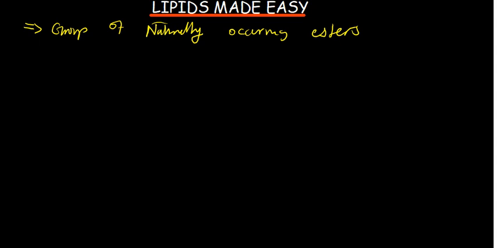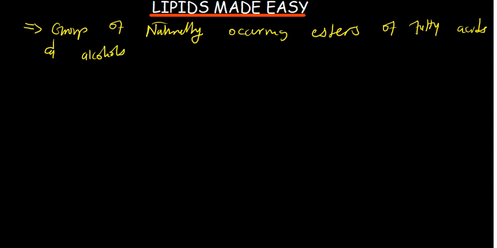So, a group of naturally occurring esters. Now, what are these esters? Esters of fatty acids and alcohols. So these are the lipids we are talking about.